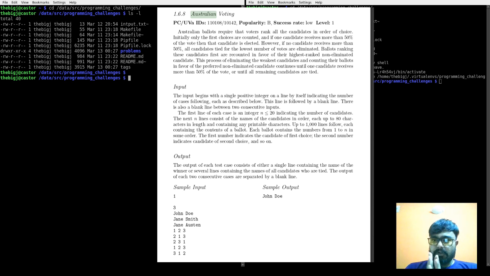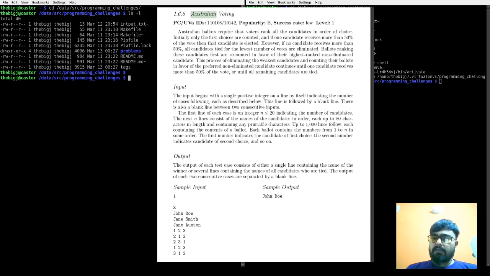Okay, so let's start with our definition. Australian voting is the name. Australian ballots require that voters rank all the candidates in order of choices. Initially, only the first choices are counted, and if one candidate receives more than 50% of the vote, then the candidate is elected.